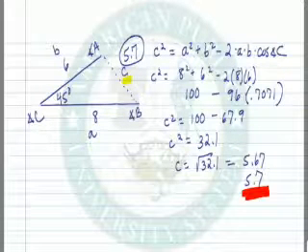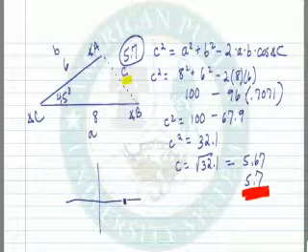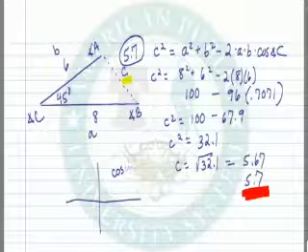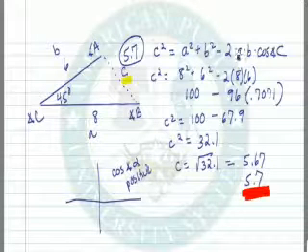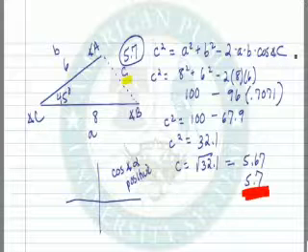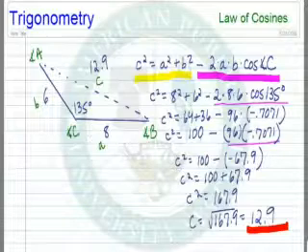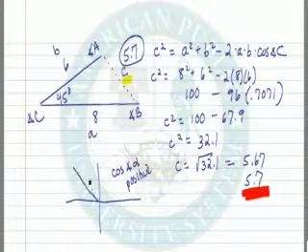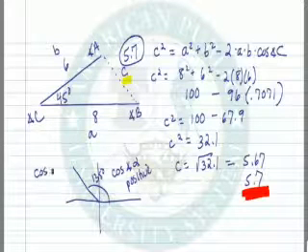What the law of cosines does is it takes the cosine of an angle, and if an angle is less than 90 degrees, the cosine of that angle in this quadrant is going to be a positive number. So when you subtract 2 times a times b times the cosine of angle C, since this is always positive, the whole answer is going to get smaller. When, however, you've got an obtuse angle, as we did on the previous page, say 135 degrees, the cosine of that angle ends up being negative.